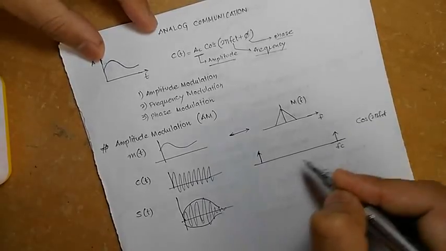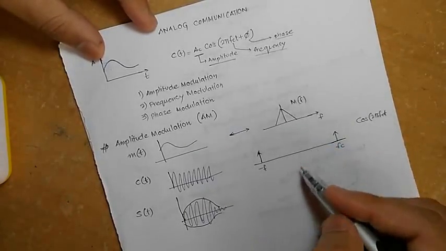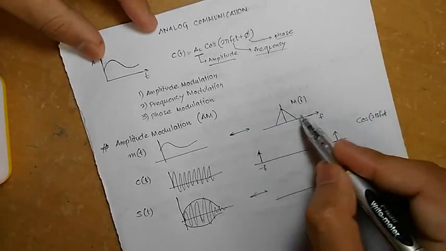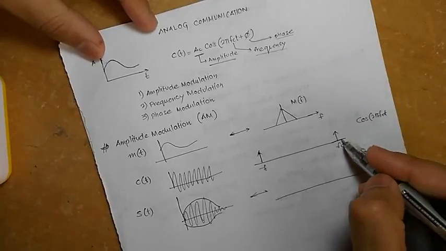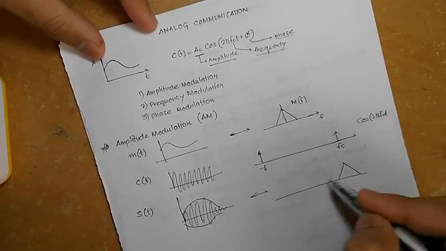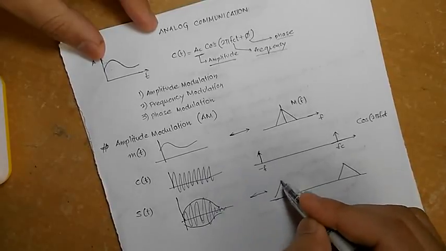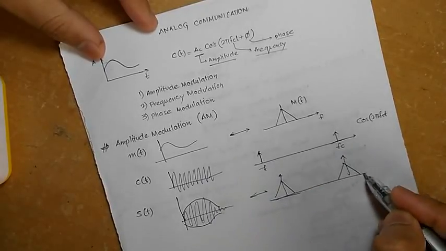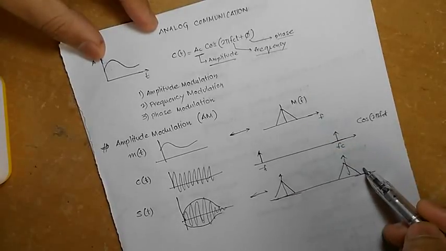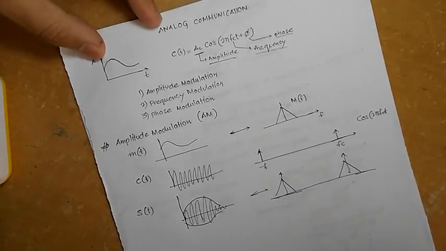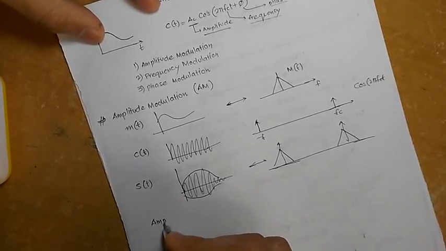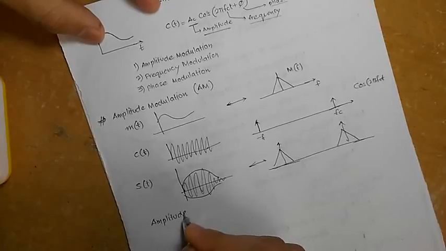So it will be at fc and minus fc. If we modulate it, we will get this signal shifted to fc in positive frequency, and in the negative frequency we'll get something like this. So we have translated the message signal to a higher frequency. This is called modulation.